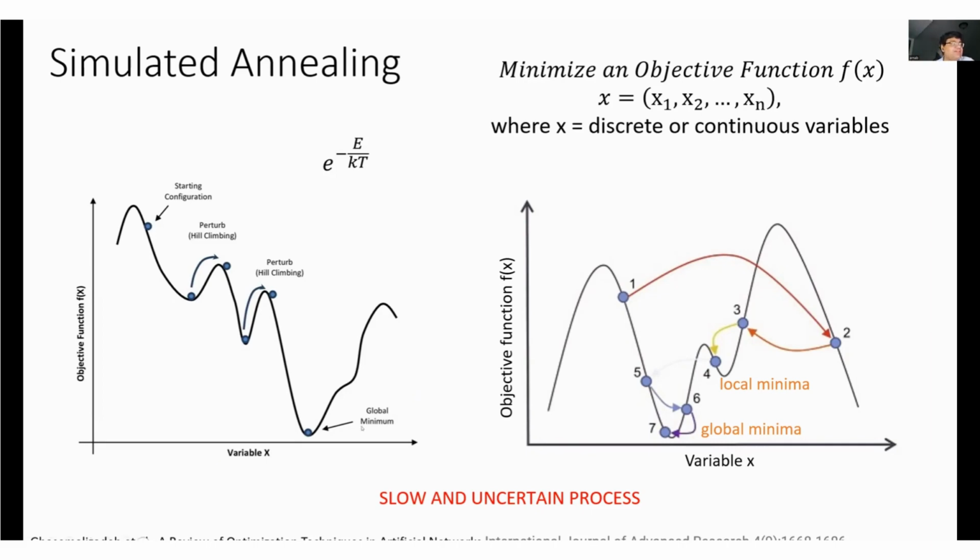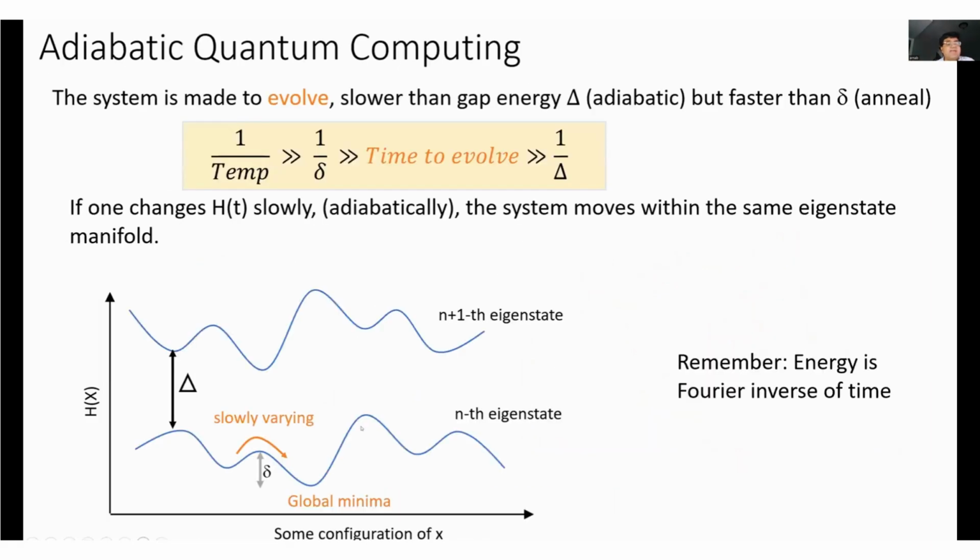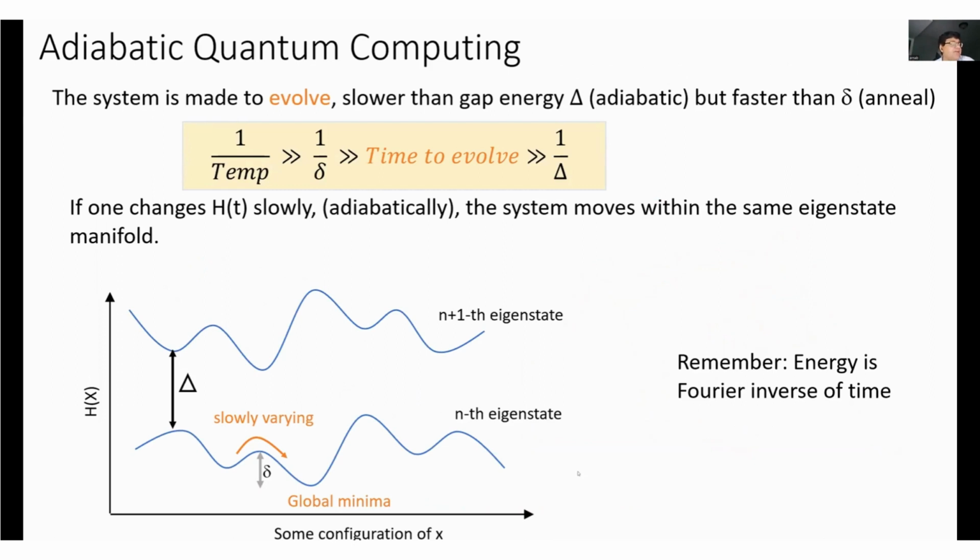And that's where adiabatic quantum computing started to flourish. It basically says that, look, let's say you have an energy landscape, an objective function which I call H(x), and it is a part of a multi-level quantum system.